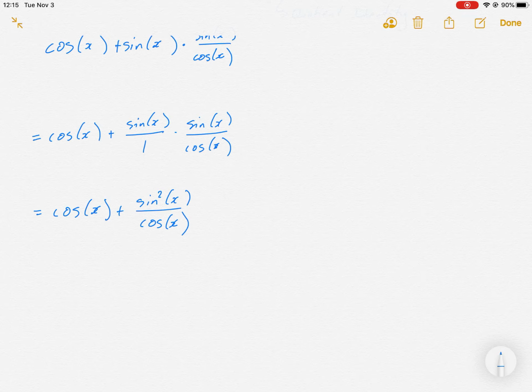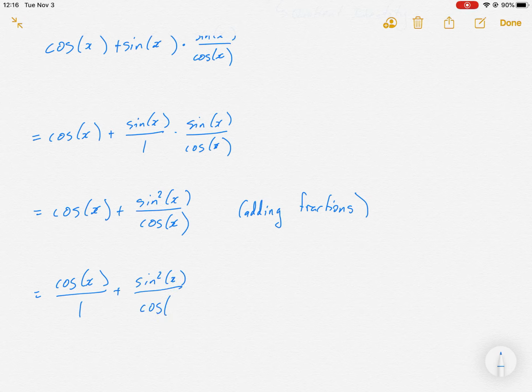Now I do see a squared popping up here, so my guess is that we're going to have to use the Pythagorean identity in a moment. But I don't really see a +1 or -1 anywhere, so I think what I'll do to start off with is add these together. Now I'm going to write down adding fractions because technically this is cosine of x over 1.